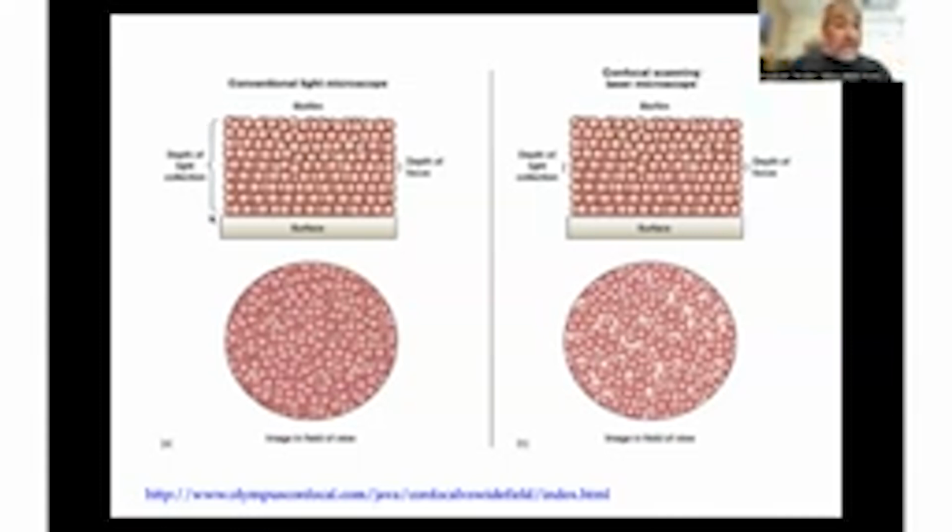But the depth of light collection, which is from where light is collected into the objective, is not just in the depth of focus, it's from above and below as well, right? So when you look at an object with that kind of depth of light collection, not only can you see that particular plane, but you also see diffused light that is coming from above and below.